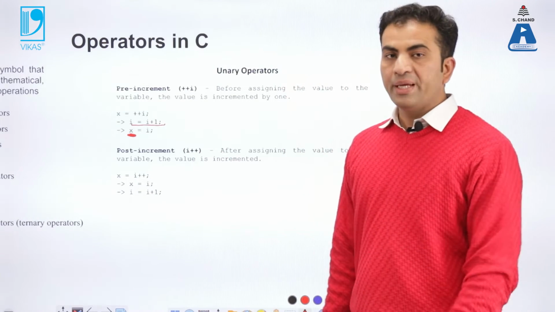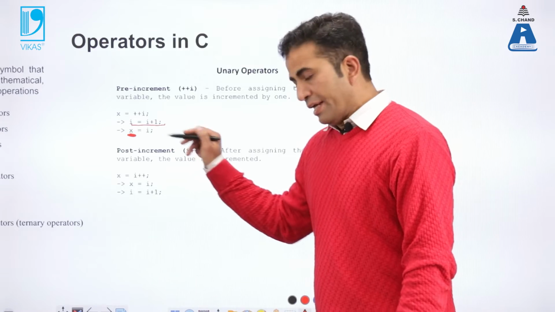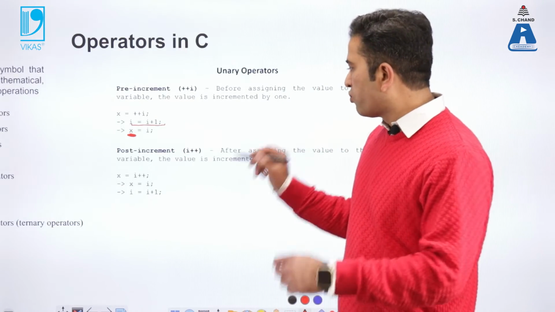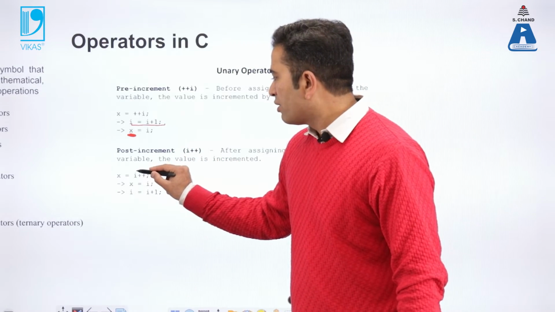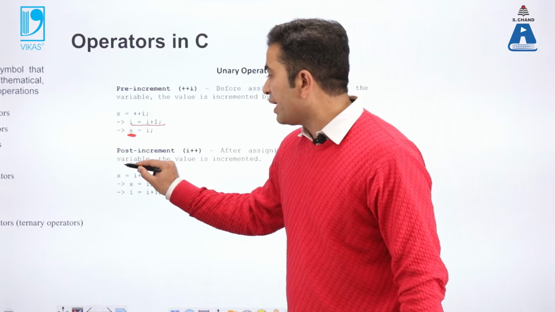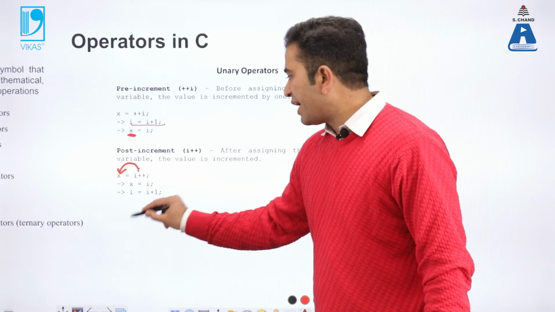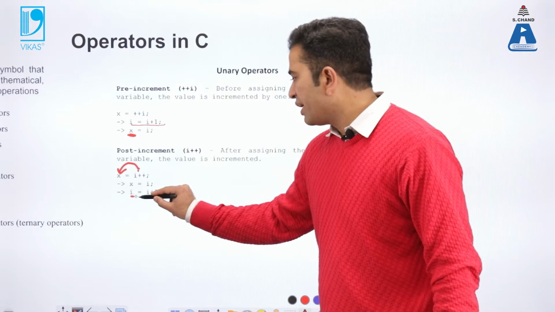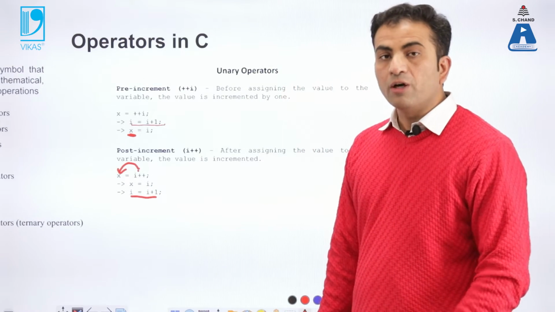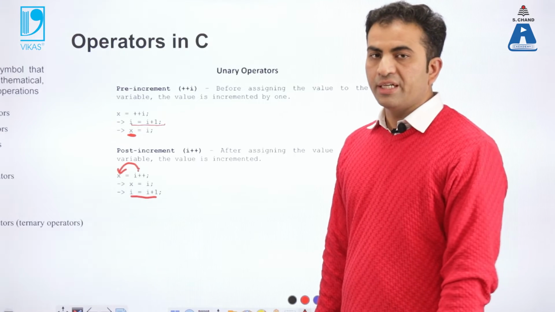That is called pre-increment. In post-increment, first the value of variable I will be assigned to the variable x, and after that the value of I will be increased by 1. That is pre-increment and post-increment.